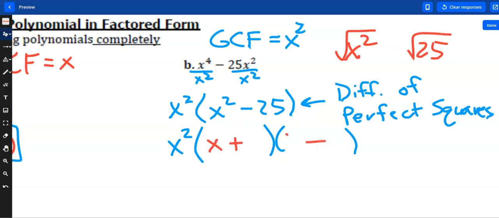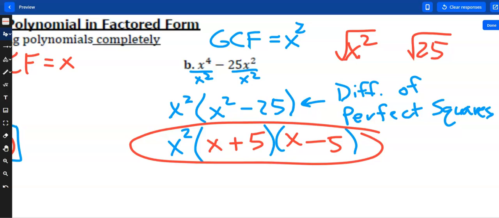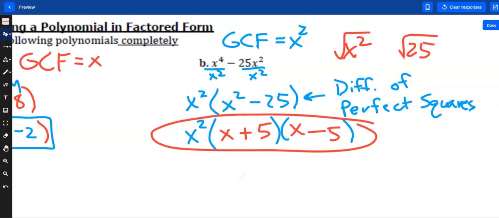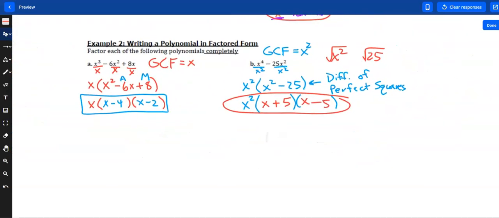So that's pretty straightforward. x and x, 5 and 5. And that's as factored as it gets. You can't break it down any more than that. Okay? We pulled out the greatest common factor. We saw the difference of perfect squares, and so we kept the train rolling, so to speak.